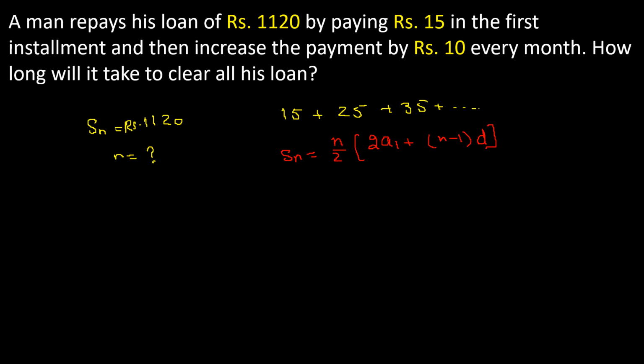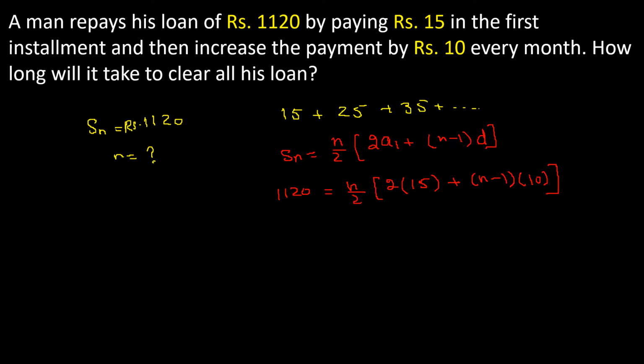So Sn is 1120, and plugging in the a1 value, which is 15, we get 2 times 15 plus n minus 1, and d is 10. You can see that in this series each term has a difference of 10, so this is an arithmetic series. That's why we can use this formula.